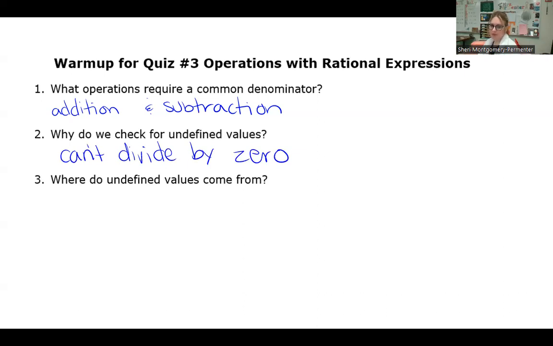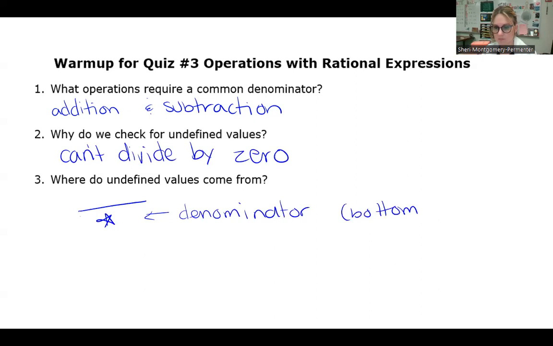Where do we find undefined values? Where do they come from? If it is a fraction, do we look at the top or the bottom? You look in the denominator. Okay, we find undefined values in the denominator.